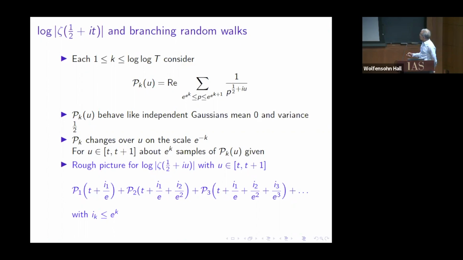Now, the smallest primes don't change very quickly, but the largest primes will change much more rapidly. So the model is that of a branching random walk or branching Brownian motion, where for the very smallest primes, maybe you have 3 different samples that you pick in your interval of length 1. Then for the next smallest primes, maybe you pick e squared, so about 7 different samples of the second sum, and then about 20 samples of your third sum, and so on, and then you add all of these up in this branching way.